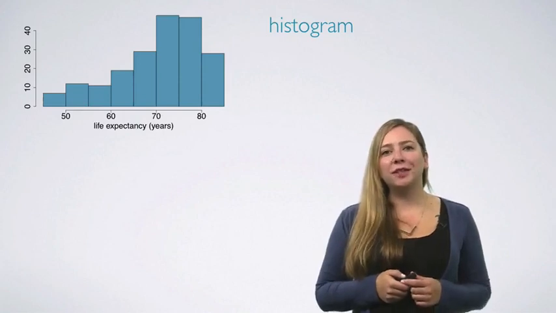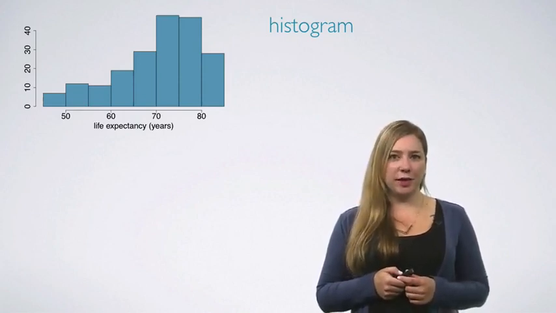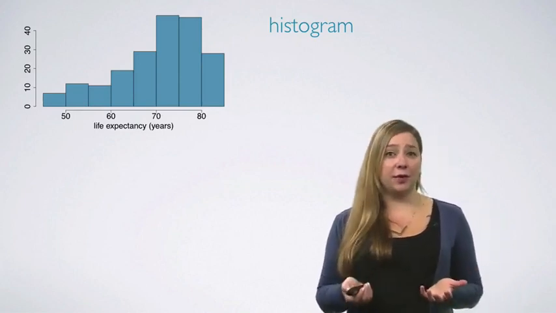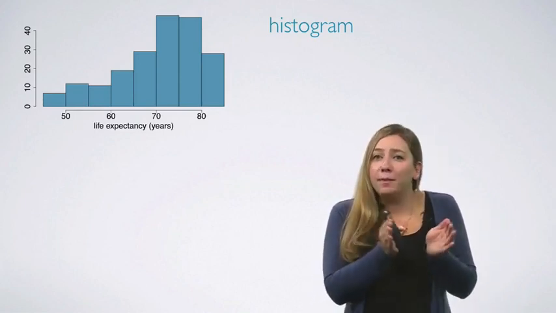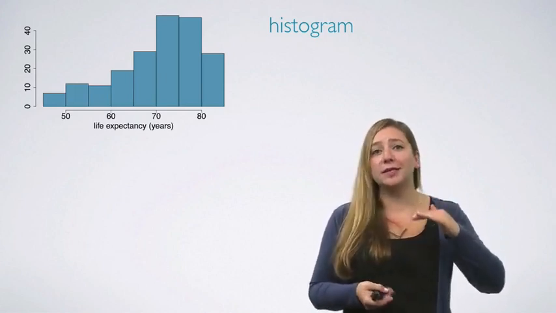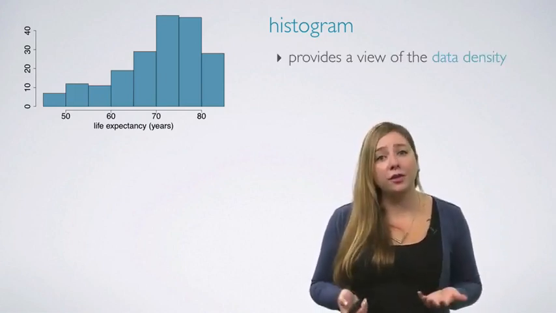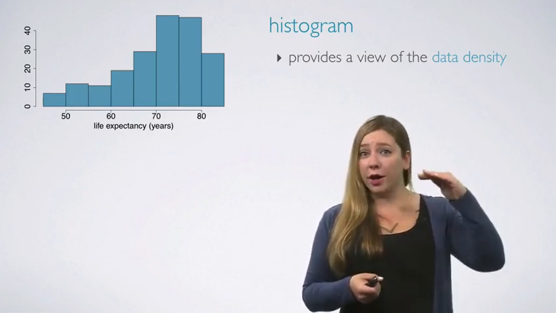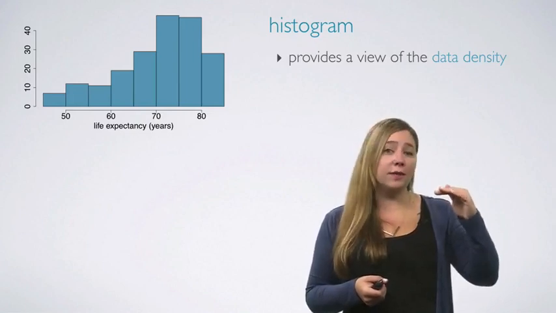Now let's take a look at the distributions of the variables individually. One good way of visualizing the distribution of a numerical variable is a histogram. In a histogram, data are binned into intervals, and heights of the bars represent the number of cases that fall into each interval. In other words, a histogram provides a view of the data density. Higher bars represent where data are relatively more common.